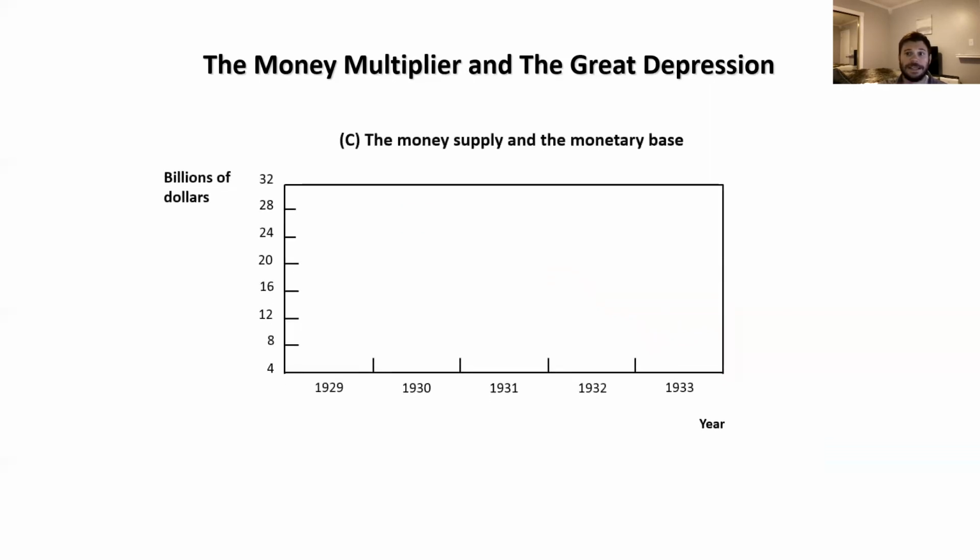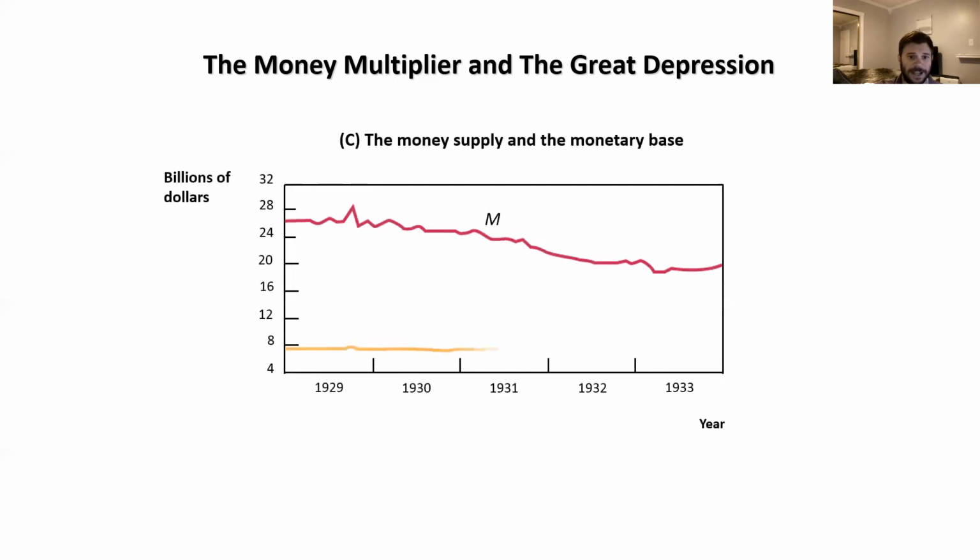In terms of what happened to the money supply, we know that if the multiplier drops, this typically causes the money supply to drop unless the central bank responds by increasing the base. You'll notice here that the central bank did not do that enough, because the money supply was still going down.